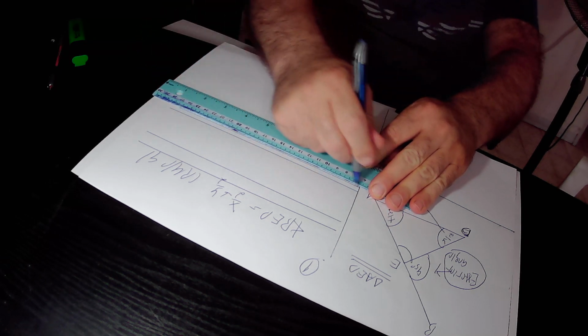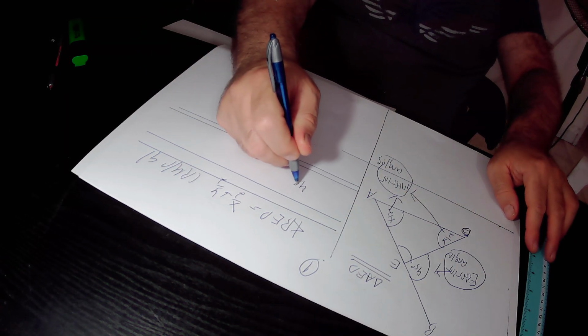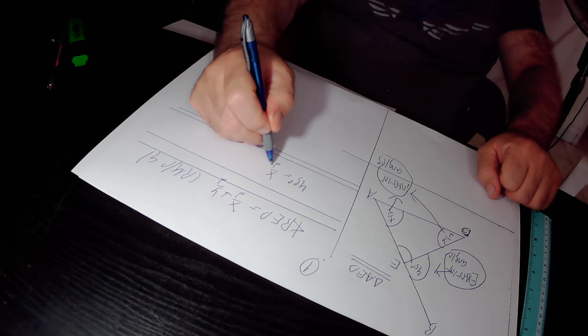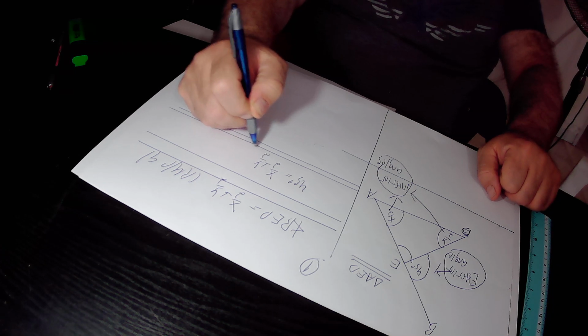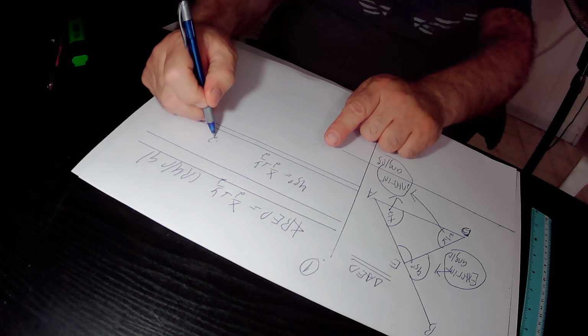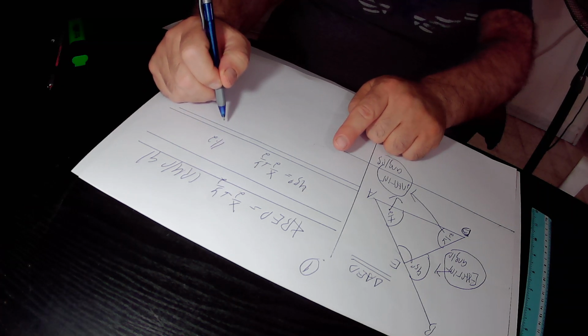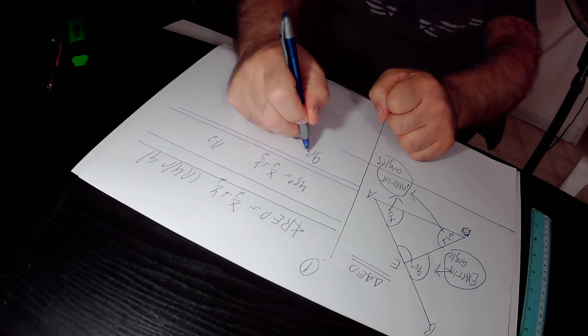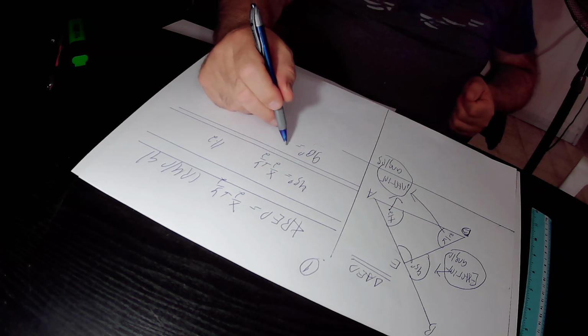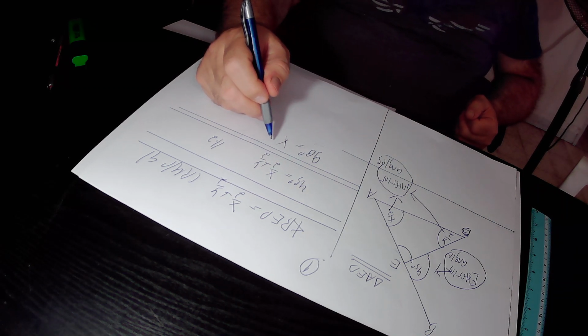So angle BED equals 45 degrees, and it is equal to x over 2 plus y over 2. Here we will multiply this equation by 2, and we get that 45 degrees times 2 is 90 degrees, and it is equal to x over 2 times 2, which is x, plus y over 2 times 2, which is y.